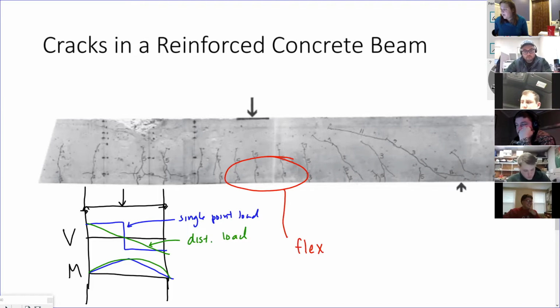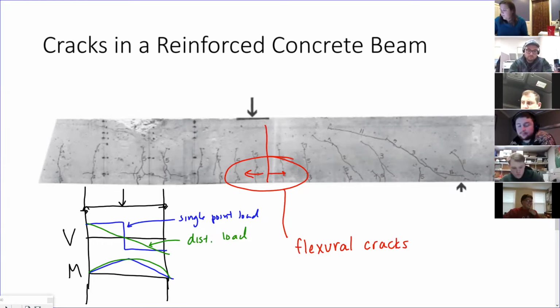See how they're basically vertical, because you have pure tension on your section. You generally have a high moment, lower shear at your center.